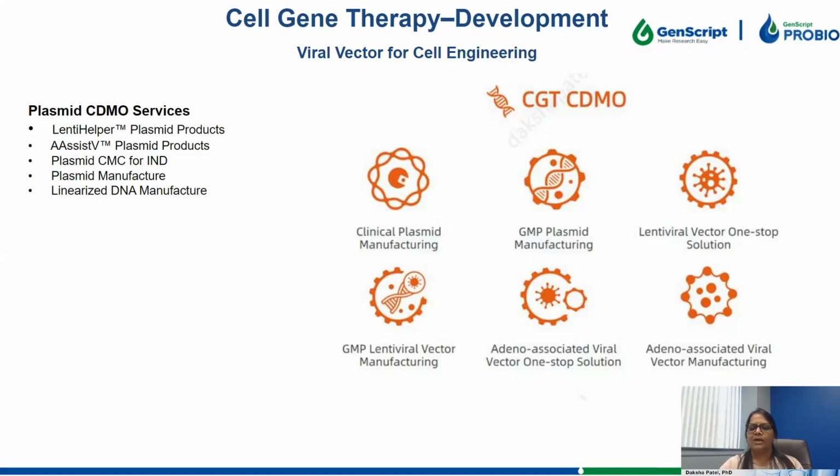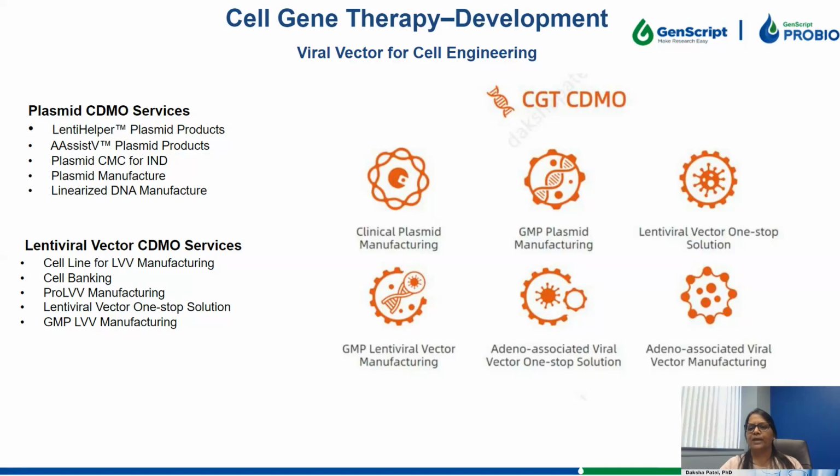Similarly, lentiviral vector is also a useful vehicle to deliver genes into cells in the cell and gene therapy area. The safe and stable manufacturing of LLV is very essential. So GenScript ProBio supports developing both the adherent and suspension platform for manufacturing the lentiviral vector.